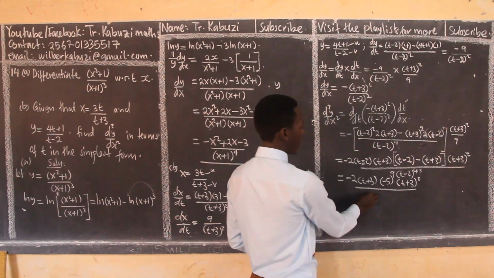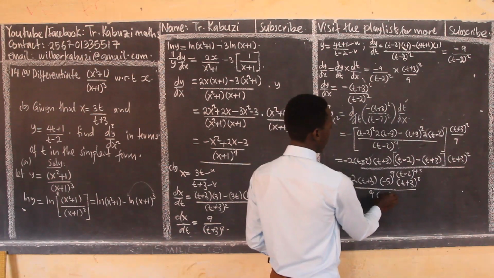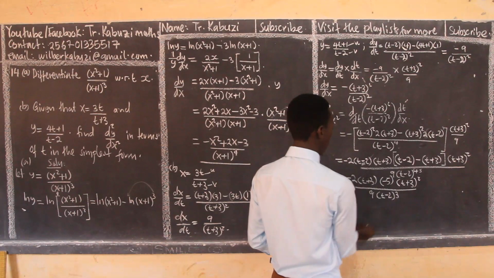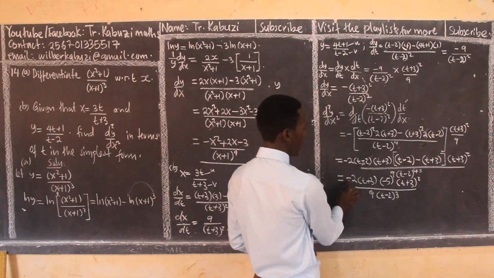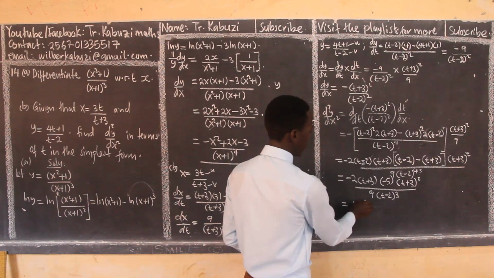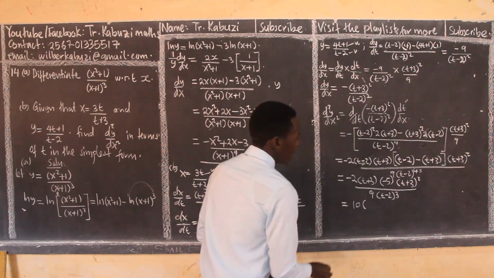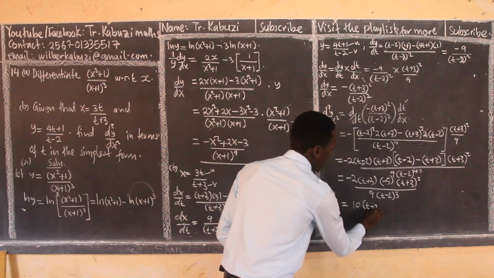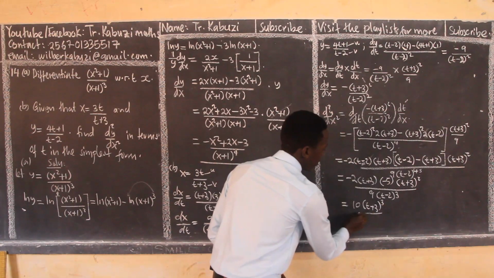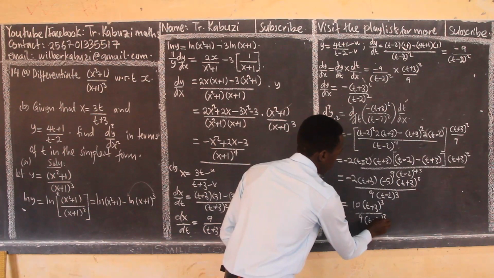The whole thing over 9 into (t minus 2) power 3. Now you see, minus and minus to get me 10 into (t plus 3) power 3, the whole over 9 into (t minus 2) power 3.